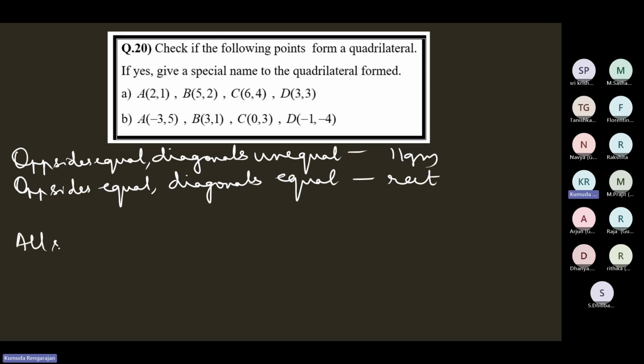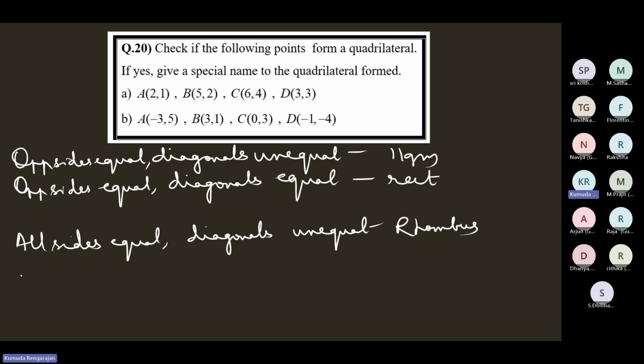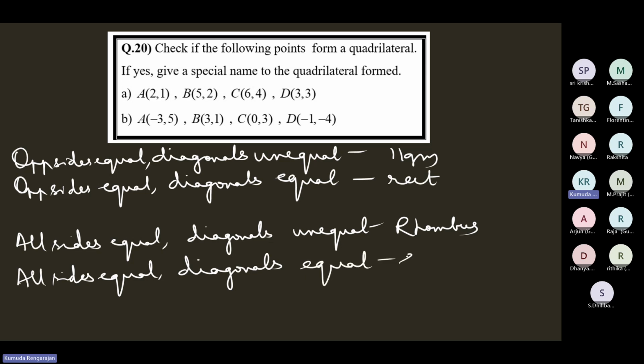If all sides are equal and diagonals are unequal, it's a rhombus. If all sides are equal and diagonals are also equal, it is a square. So you'll have only these 4 quadrilaterals: parallelogram, rectangle, rhombus, square.